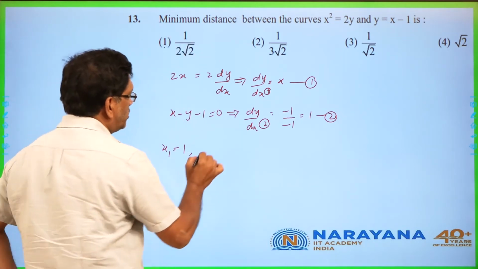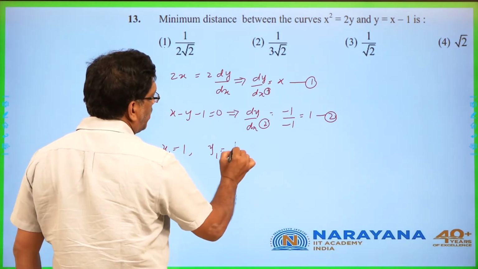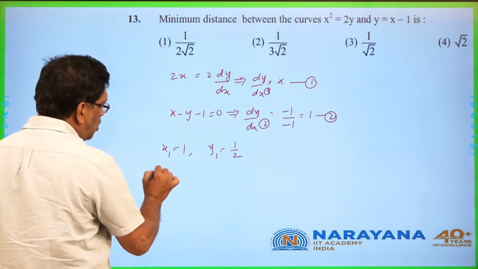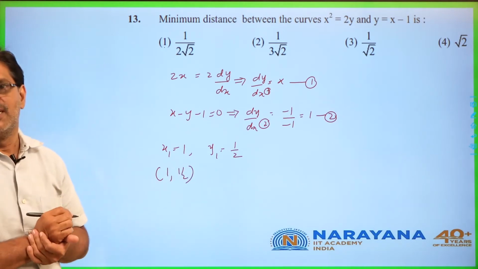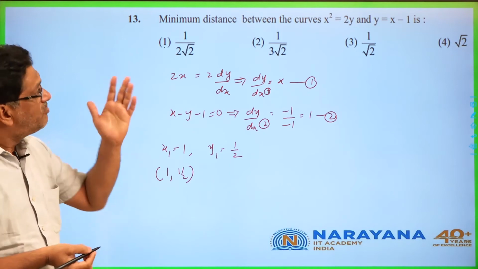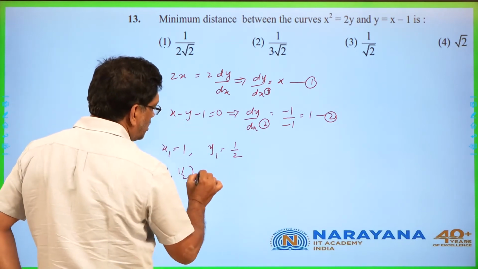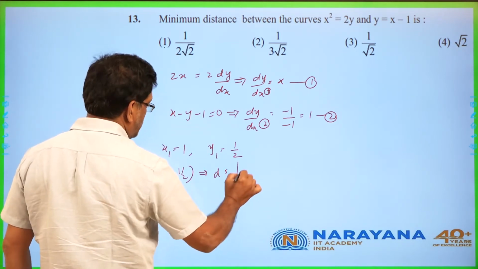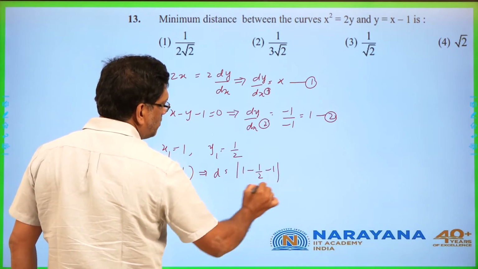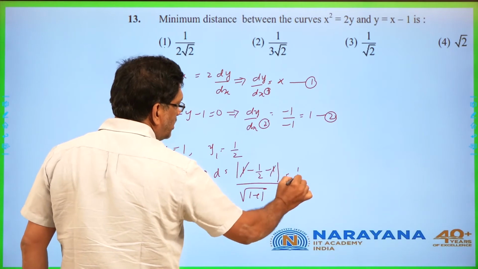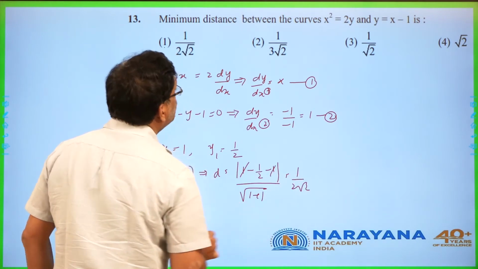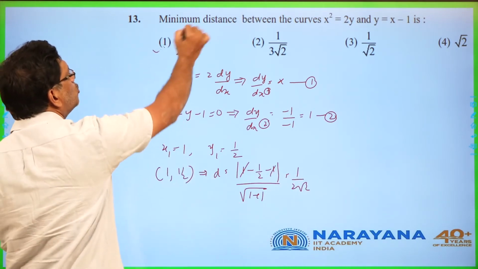If you substitute, the corresponding y1 is 1 by 2. I want the shortest distance, the minimum distance, nothing but the distance of this point from the given line. We know how to find the distance: 1 minus 1 by 2 minus 1 by root of this one. It is 1 by 2 root 2.